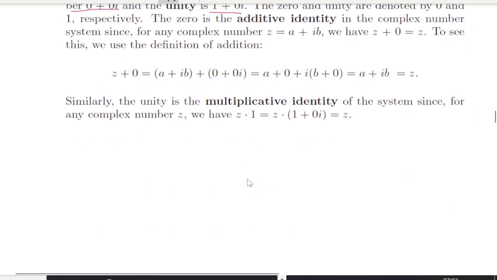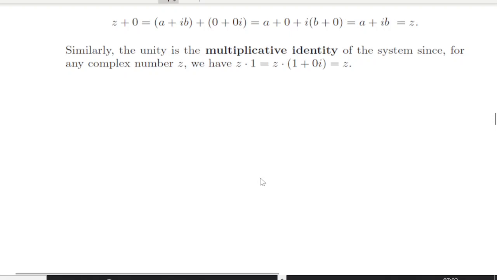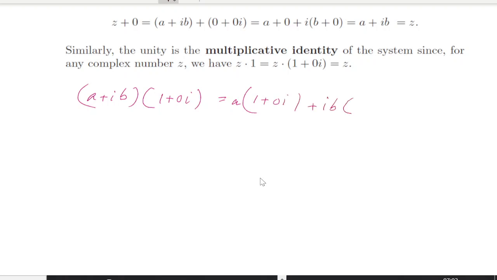Now similarly, unity is the multiplicative identity of the system. That means when we have a number a plus ib into 1 plus 0i, just to multiply, first of all we distribute this a to 1 plus 0i plus ib into 1 plus 0i.